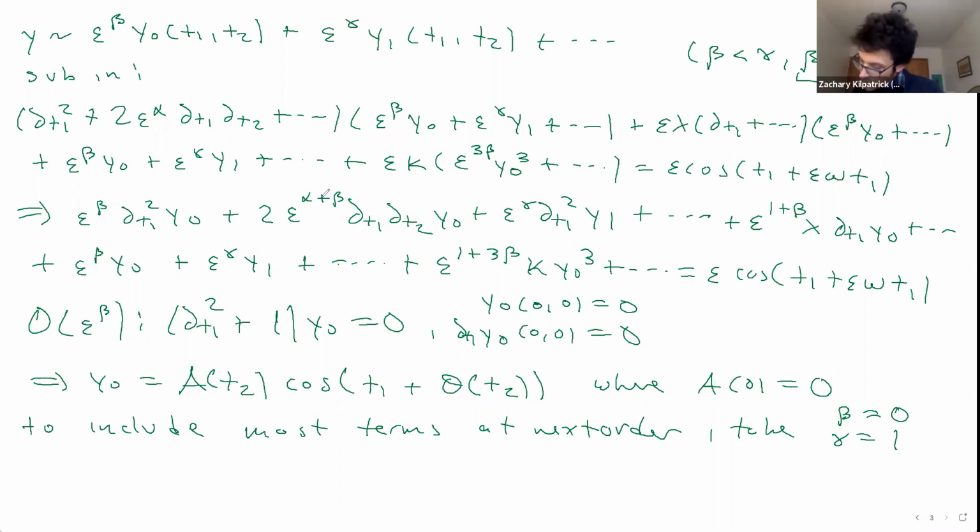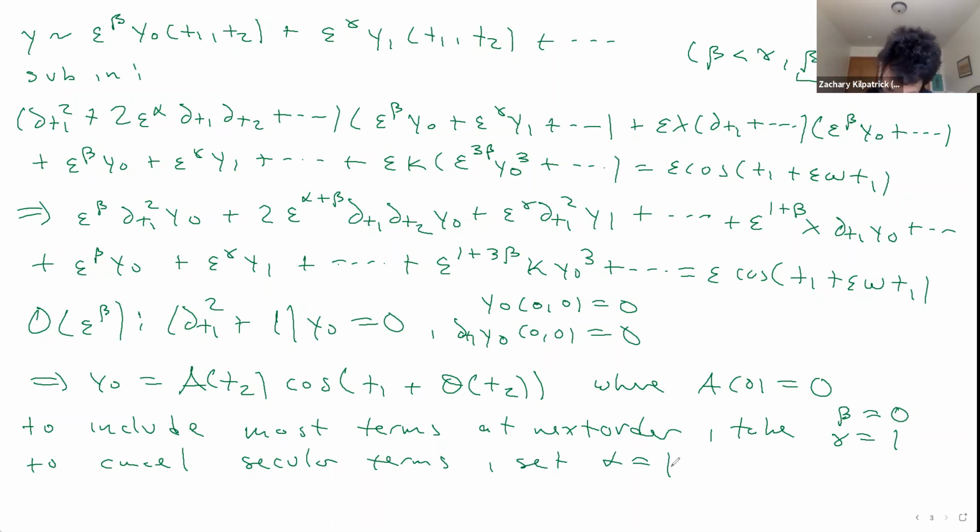So to cancel our secular terms, we'll also set alpha equals 1. Then we're just going to have a next order, right? Because we don't have any fractional powers, just order epsilon in this case.